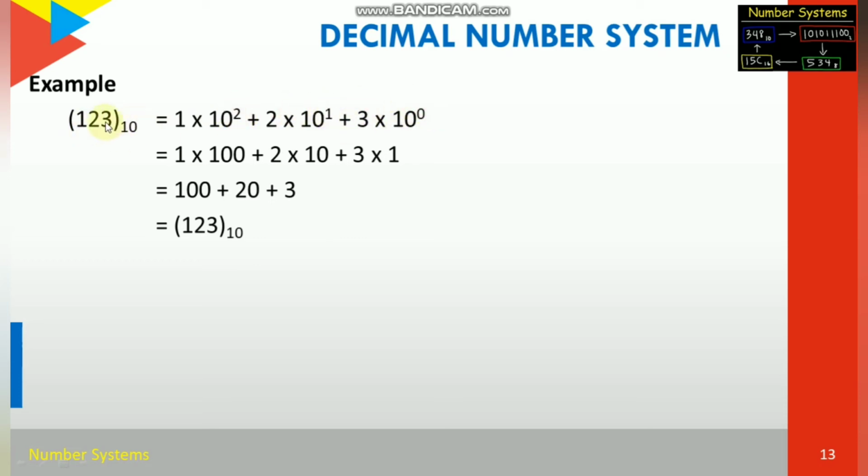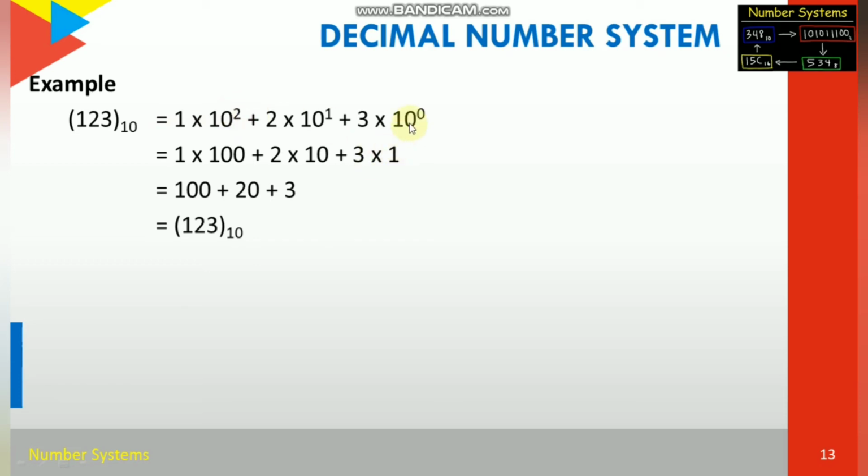For example, 3. Always start the power from right to left. So for 3, the weightage is 0, for 2 it is 1, and for 1 it is 2. So 3 into 10 to the power 0 plus 2 into 10 to the power 1 plus 1 into 10 to the power 2.